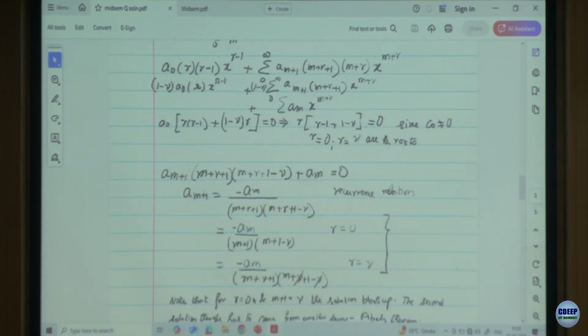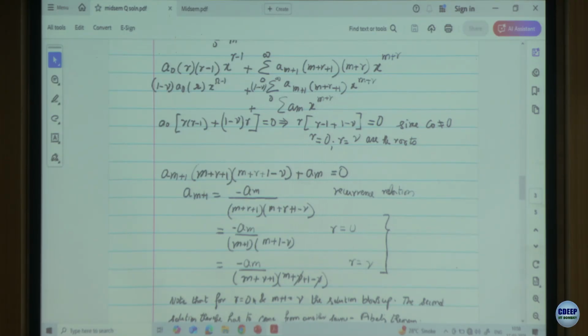you get the recurrence relation, and you get two recurrence relationships because you had two roots. And this was exactly the same example that was worked out in class, where I said that the two roots may or may not give you proper solutions.